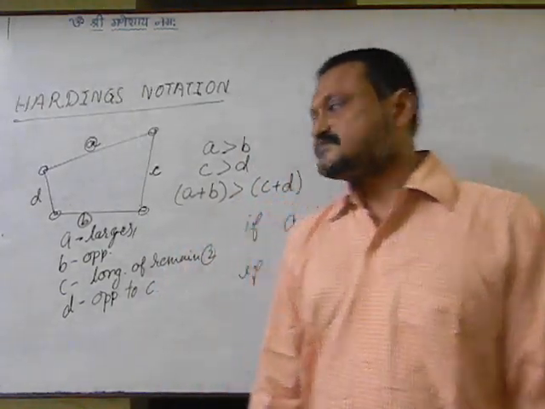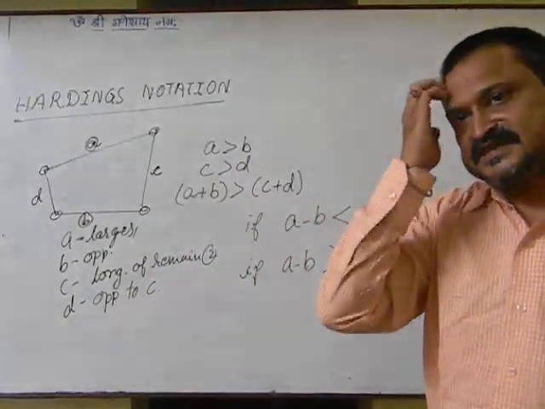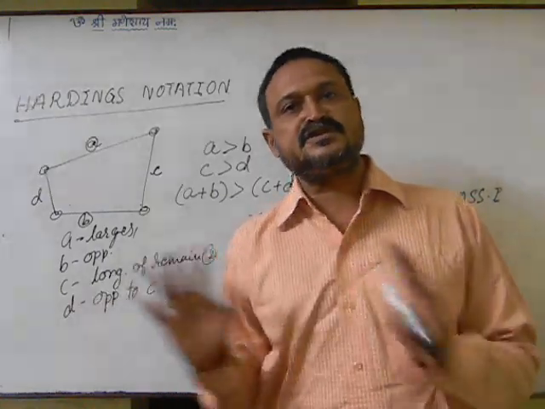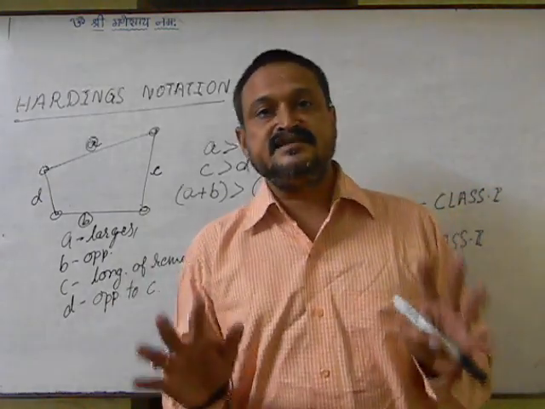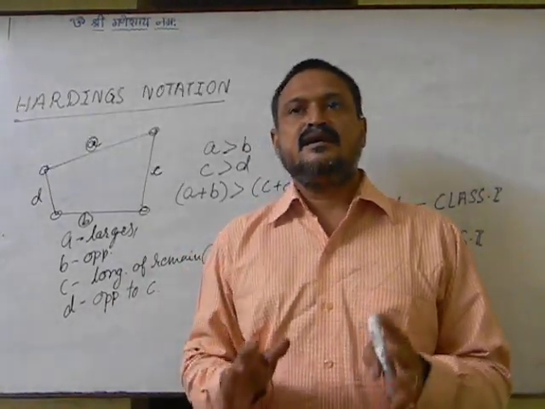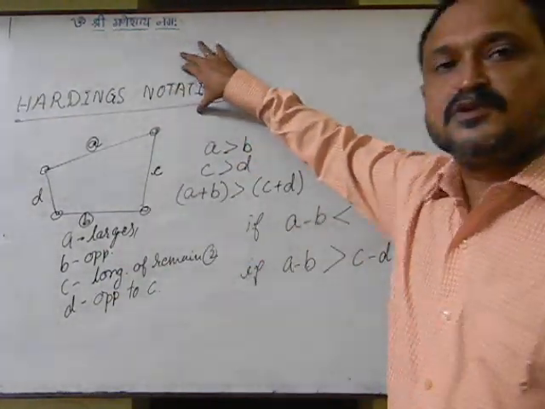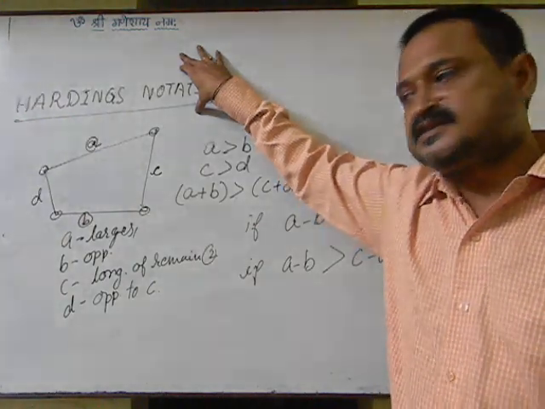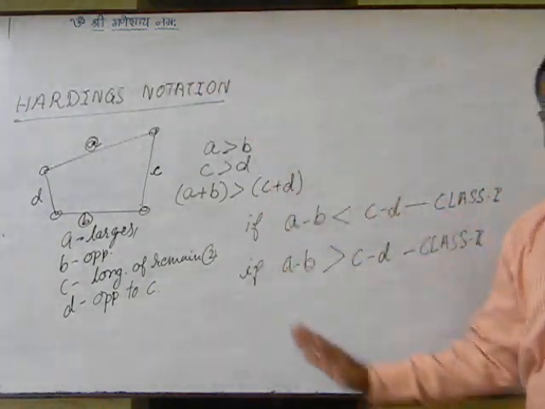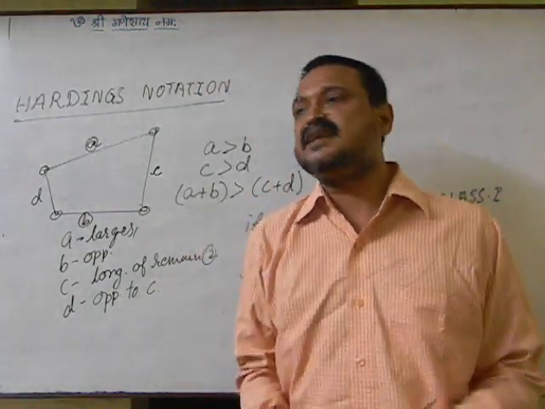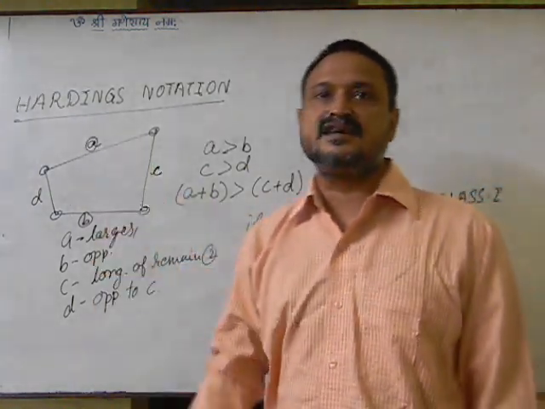As we have discussed in Grashof's law, that suggests the existence of a crank in the system or not, and Harding's notation is also talking about the same thing, but its notations are given. So in the given chain I can identify which one is the longest.